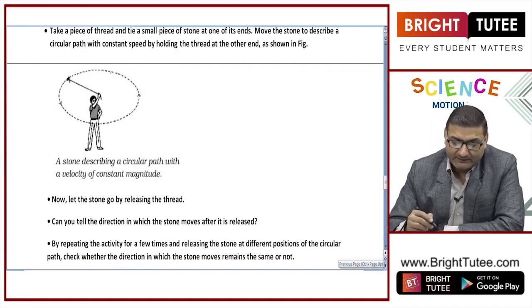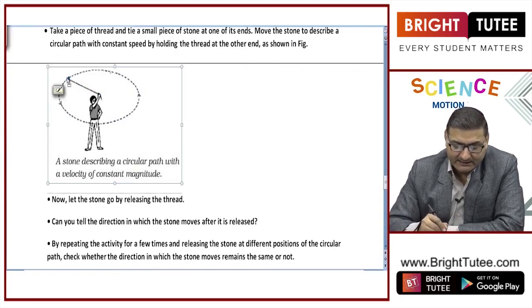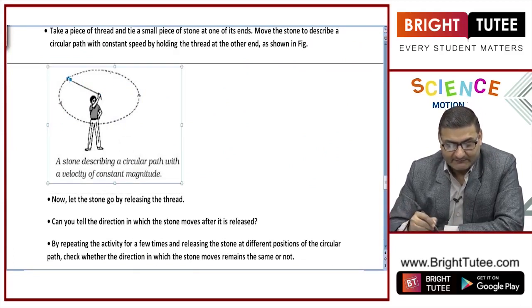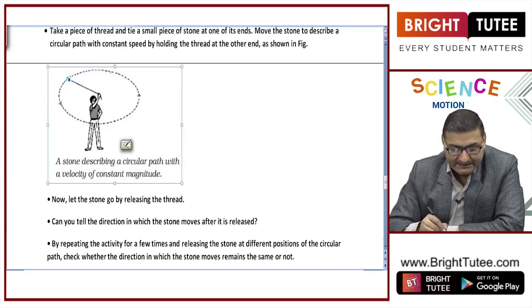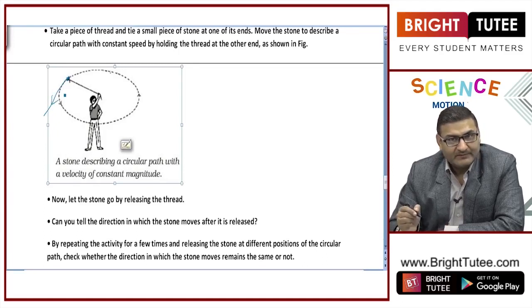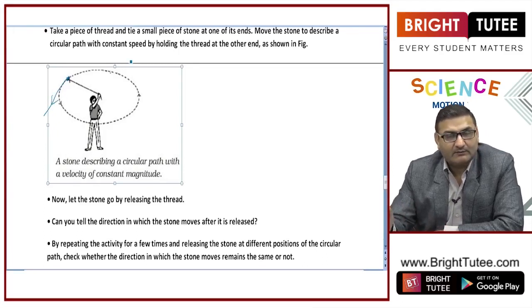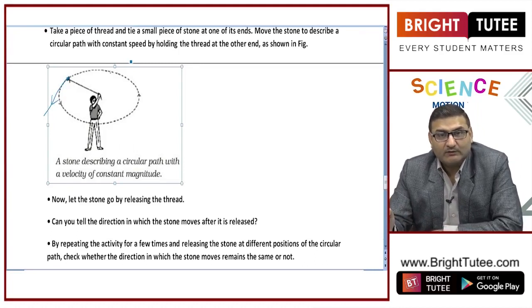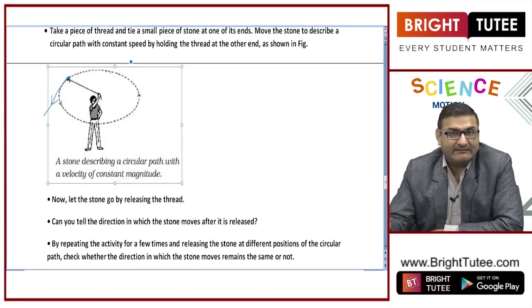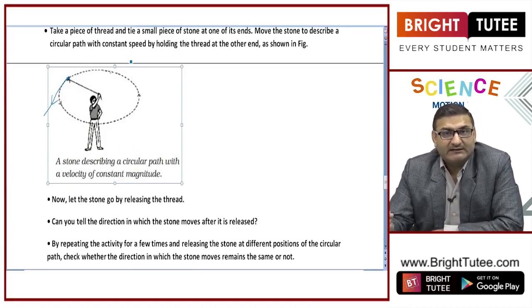Alright, let us take an activity to exhibit this particular thing. What we will do is, we will take a piece of thread and tie a stone to it, right, and from the center we will allow this thread to move in a circular path, right. Now, you allow this stone to get released at different intervals. If you are doing it 3 times, 4 times, 5 times, please observe: is the stone going in the same direction every time?